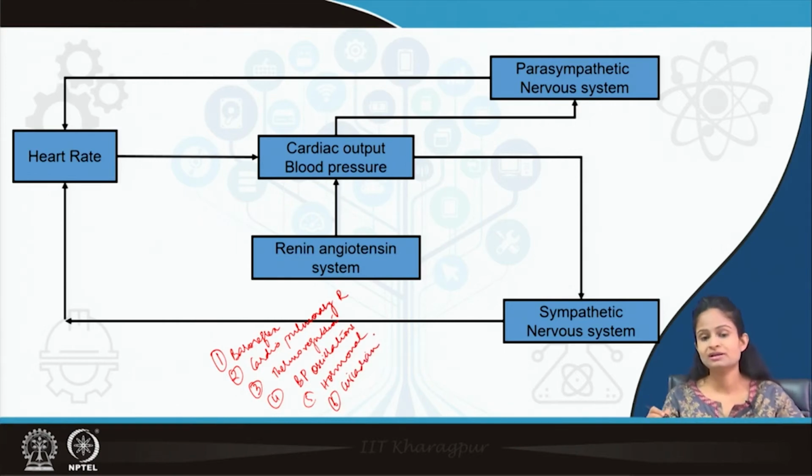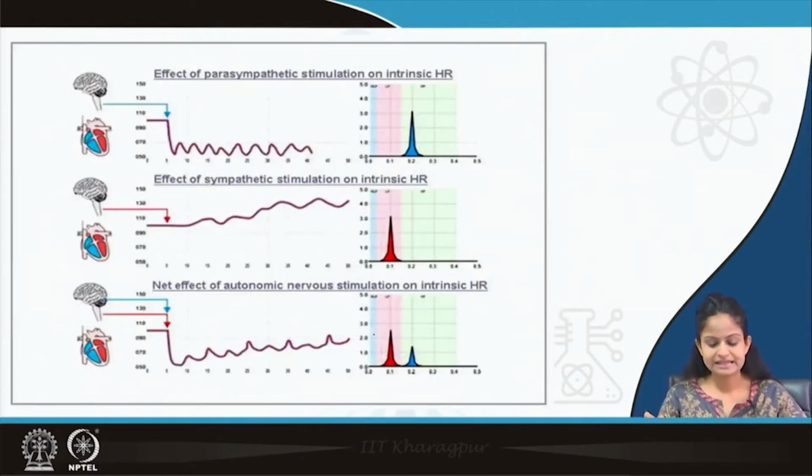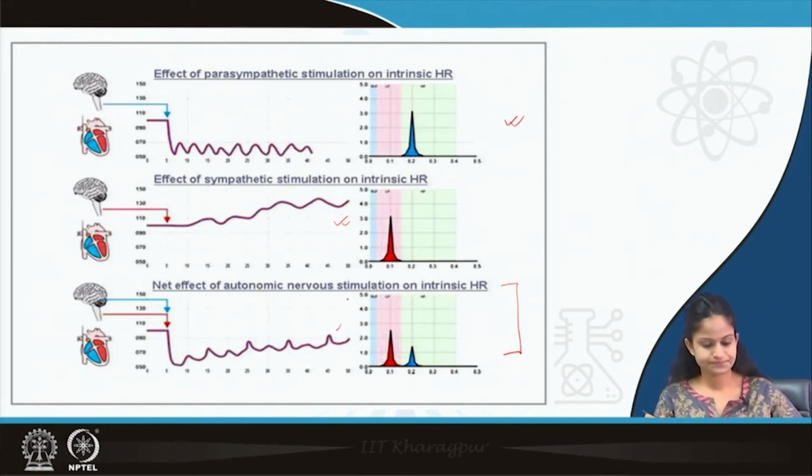So, these are all factors which give rise to the RR intervals. So, here we can see the sympathetic stimulations on the intrinsic heart rate is slow, whereas the parasympathetic stimulations on the intrinsic heart rate is instantaneous, and this is the net autonomic nervous system stimulations, that means the balance between the sympathetic and the parasympathetic nervous system, which is giving rise to the intrinsic heart rate.